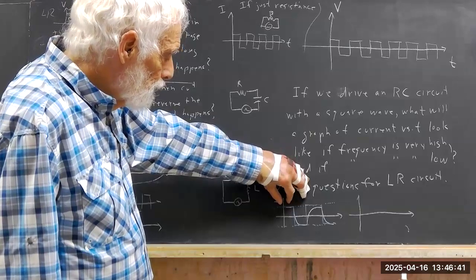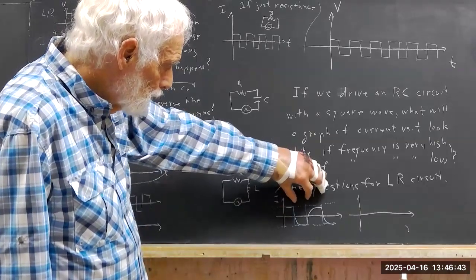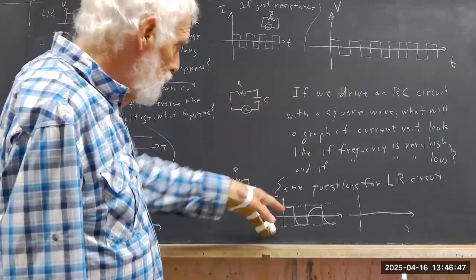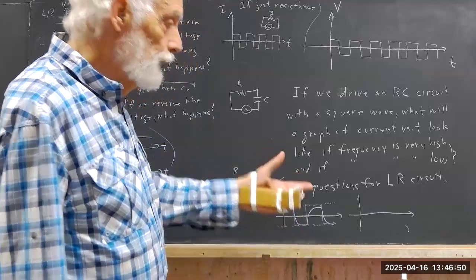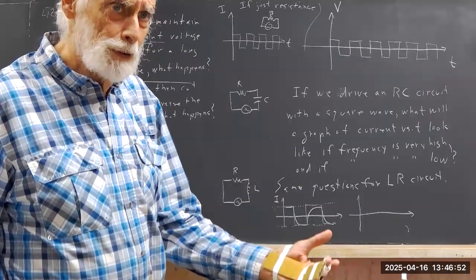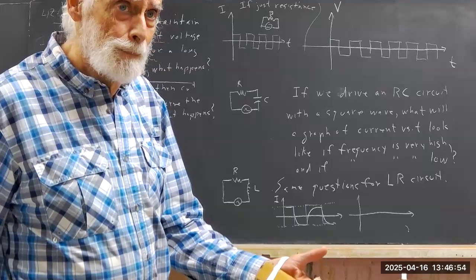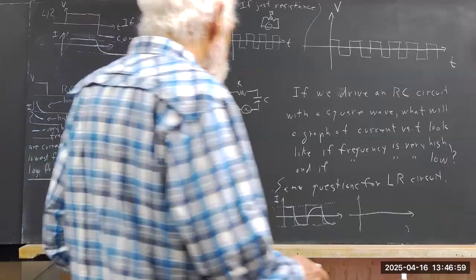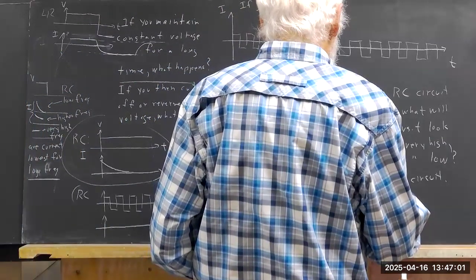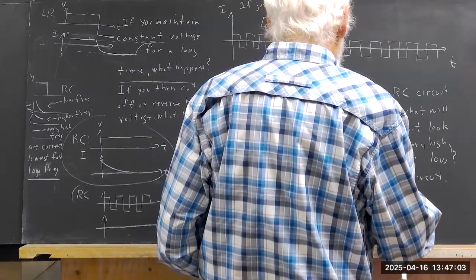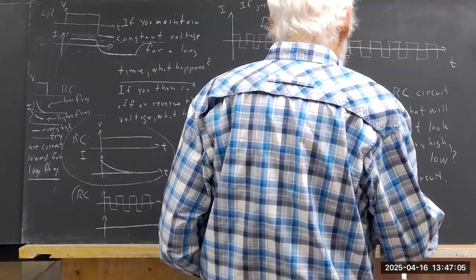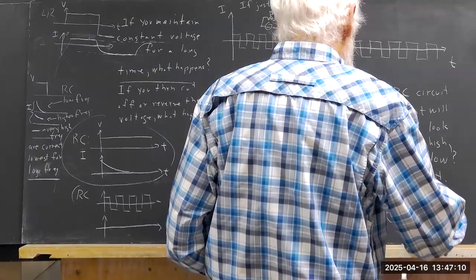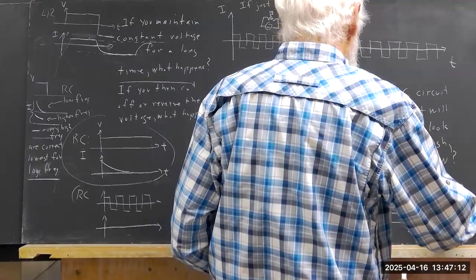The shorter this distance is, the more quickly you change it, the more this part of the curve sucks out of the area. That makes sense? And the less area you're going to have. You contrast that with a low frequency, where it's pretty much going to be like this, then like this, then like this.